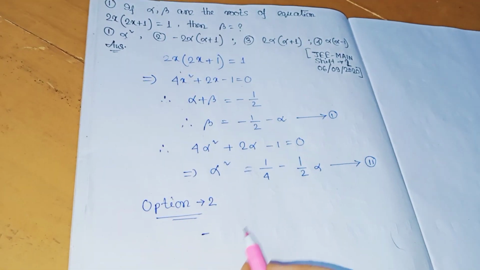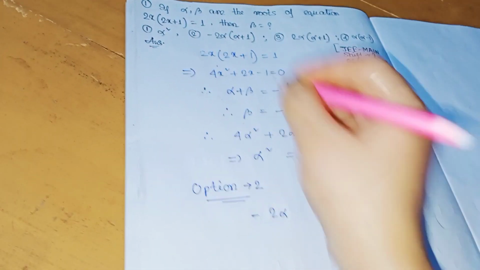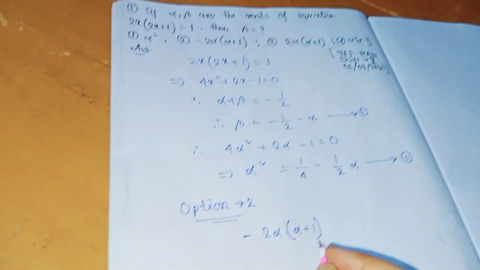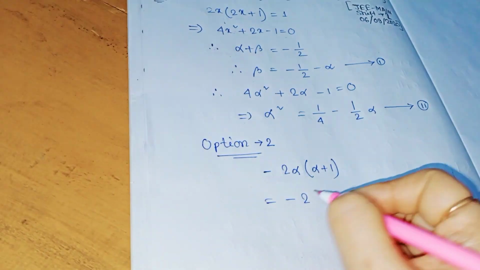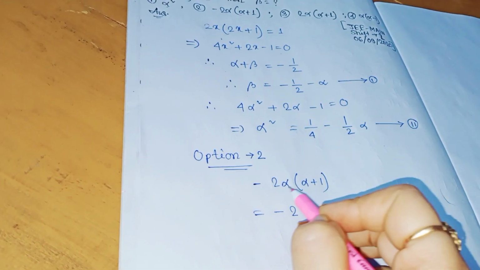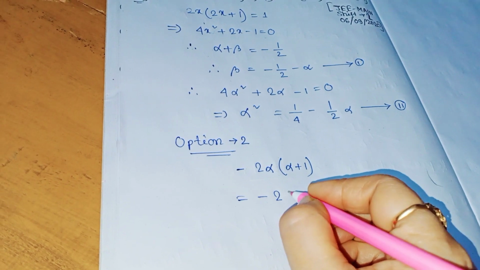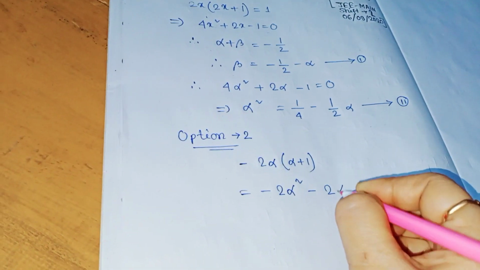So option 2 is minus 2 alpha into alpha plus 1. Evaluating this, we get minus 2 alpha square minus 2 alpha.